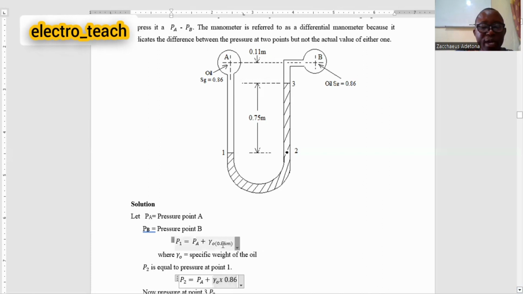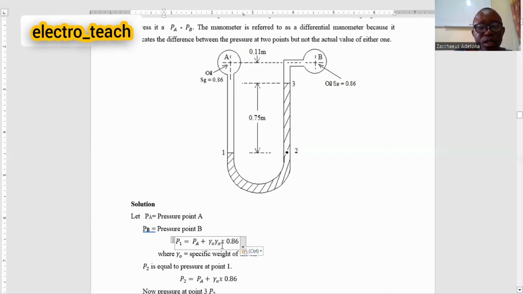We have P1 equals PA plus gamma of oil times 0.86. That is the height from point A to point 1. That is the pressure at point 1.